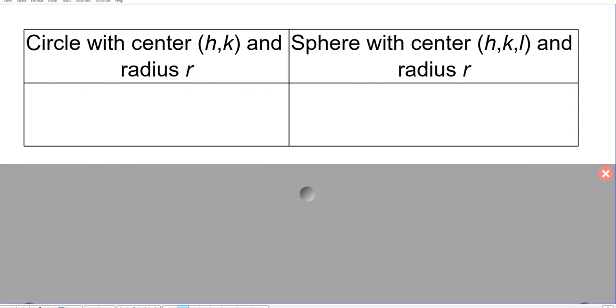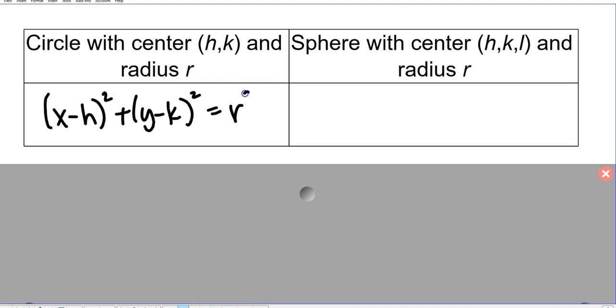All right, so a circle with center (h, k) and radius r, if you remember, was (x minus h) squared plus (y minus k) squared equals r squared. Now, the analogous from circle to sphere would be 2D to 3D, right?